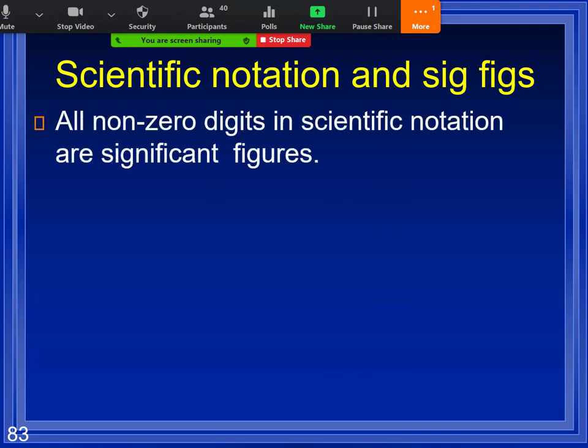First of all, non-zeros are sig figs. But that's true not just in scientific notation, it's all the time. But remember, in scientific notation, you start with a number between 1 and 10 times 10 to some power.